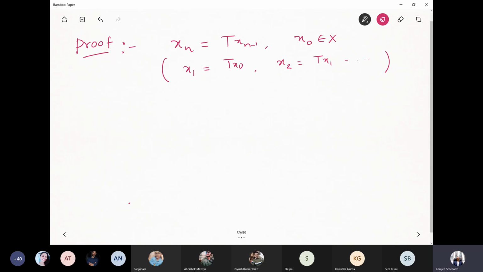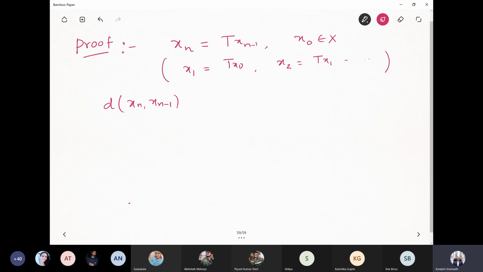Our aim is to show that the sequence xn converges to x, and eventually this x becomes my fixed point. Since we assume that X is a complete metric space, the idea is to show that xn is a Cauchy sequence. So write d of xn and xn minus 1.